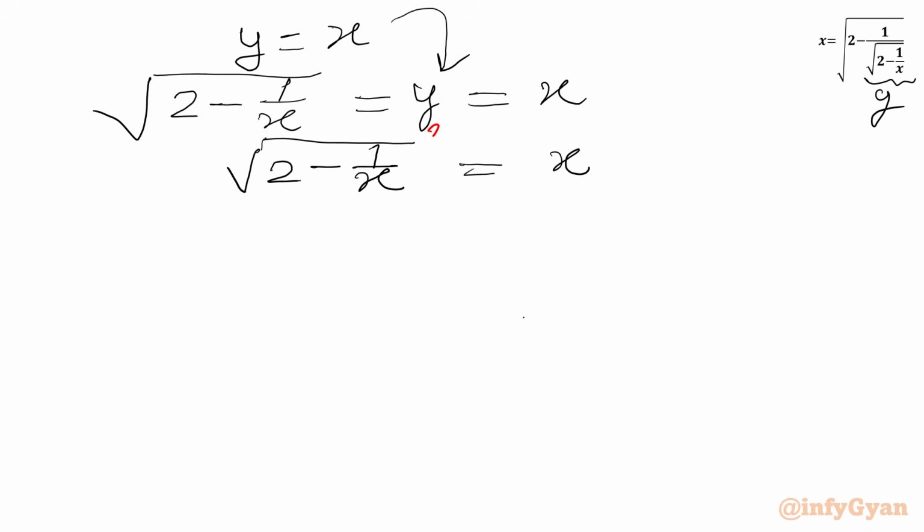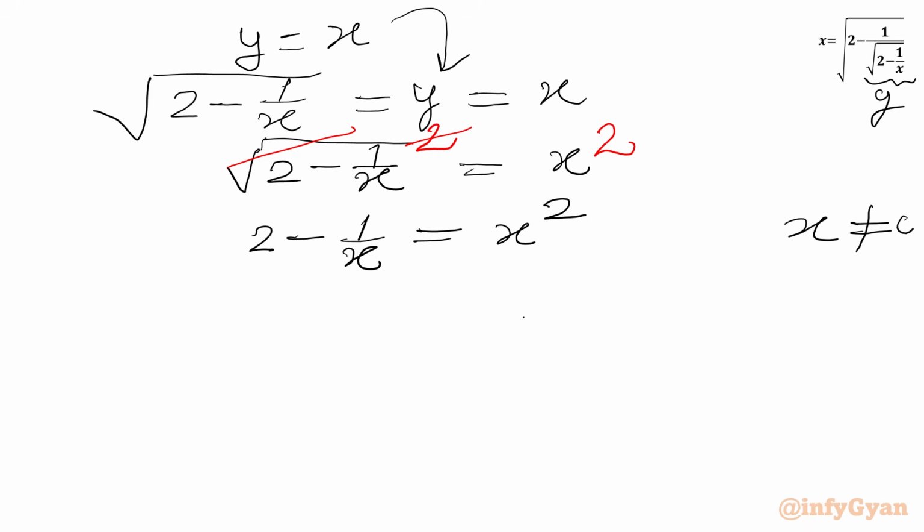So we'll be squaring both sides. So square root and square will be cancelled out from LHS. We will get 2 minus 1 over x in left hand side and x square in RHS. Now we will multiply our equation by x both sides, as x cannot be equal to 0.